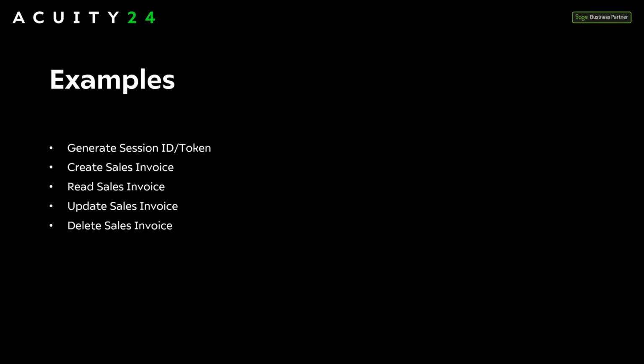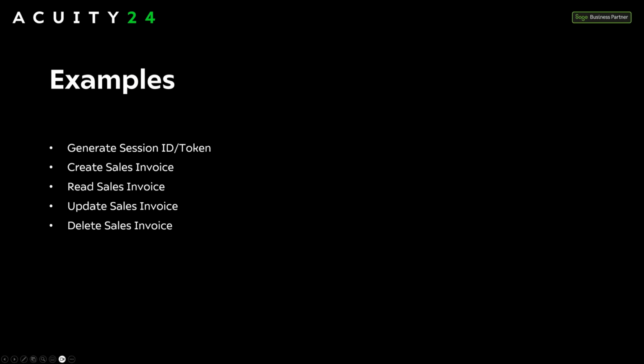I will be showing you how to generate the session ID or token, and then I will create a sales invoice. I'll show you how to read a sales invoice out of the system. I will show you how to update a sales invoice using an API and also how to delete the sales invoice.